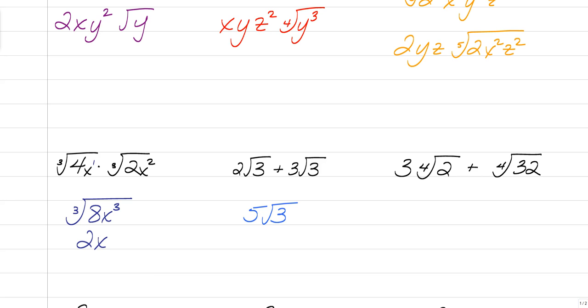So you're probably looking at this next one, and you're like, well, those are different. I can't add them. Not true. The first thing you must always do is make sure that you have the radical in its simplest form. If we were to break down the 4th root of 32, we would end up with 2 4th root of 2, because that's technically 2 to the 5th power.